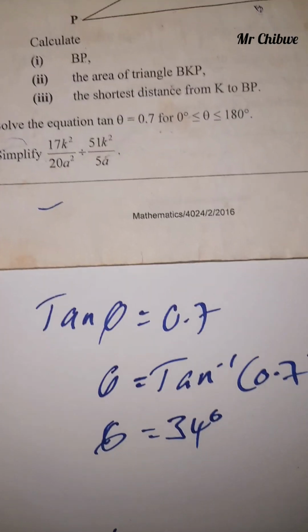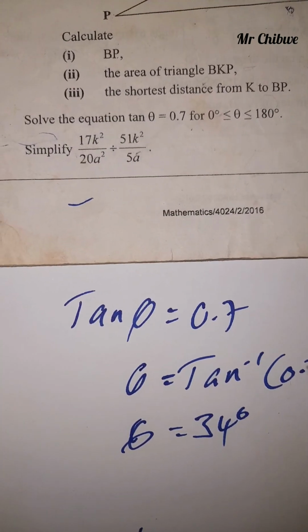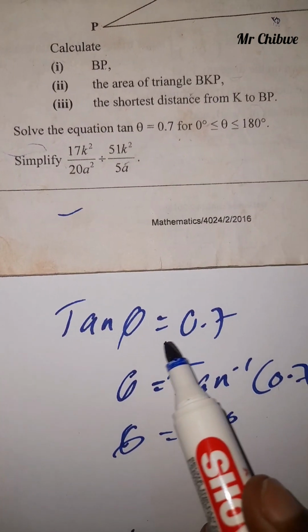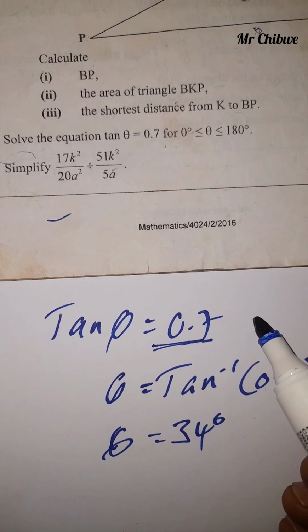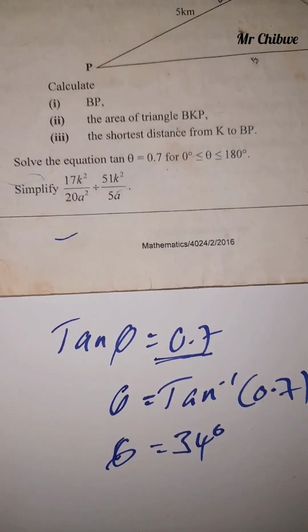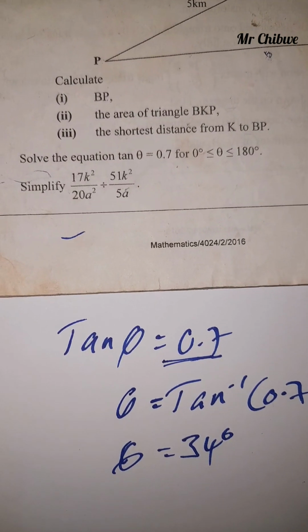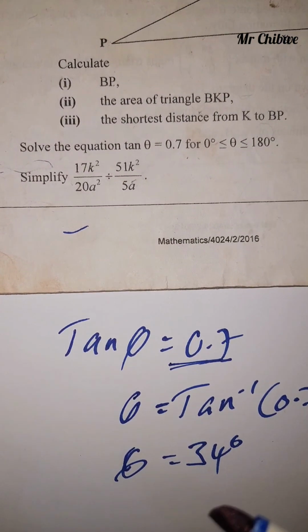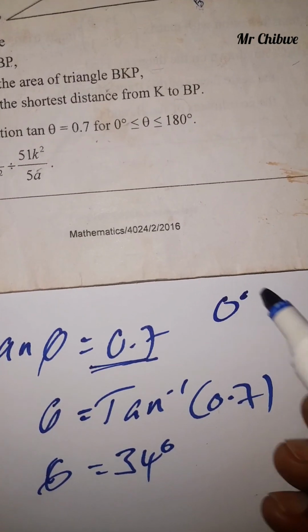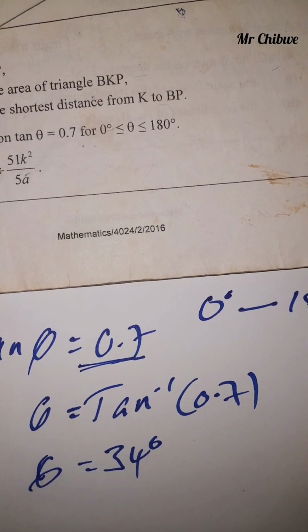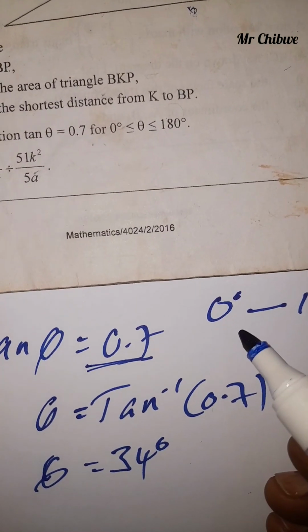Now we are going to consider the quadrant where tan is positive. The sign in front here is positive, 0.7. So where tan is positive between 0 to 180 is in the first quadrant.